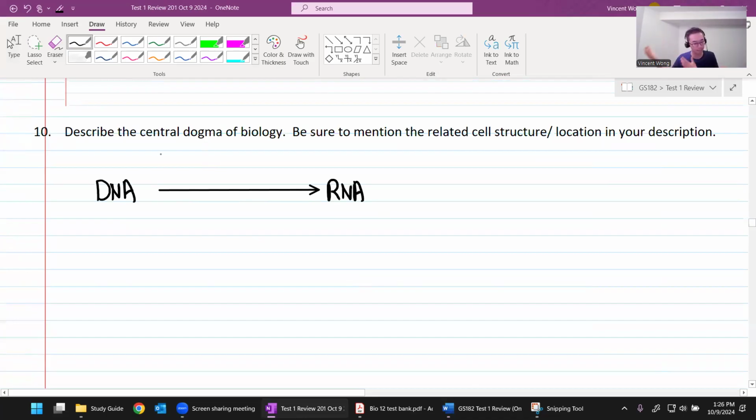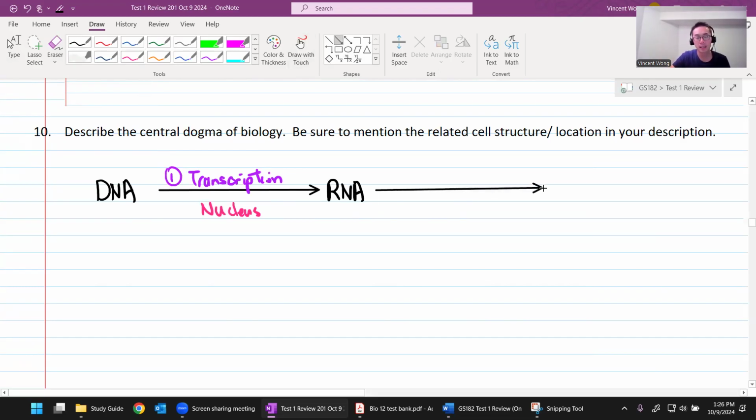We can't take it out of the nucleus. We don't want to damage it, so we only copy the part that we need. That's called transcription. Transcription happens in the nucleus. We will learn a lot more about transcription in lecture 7.